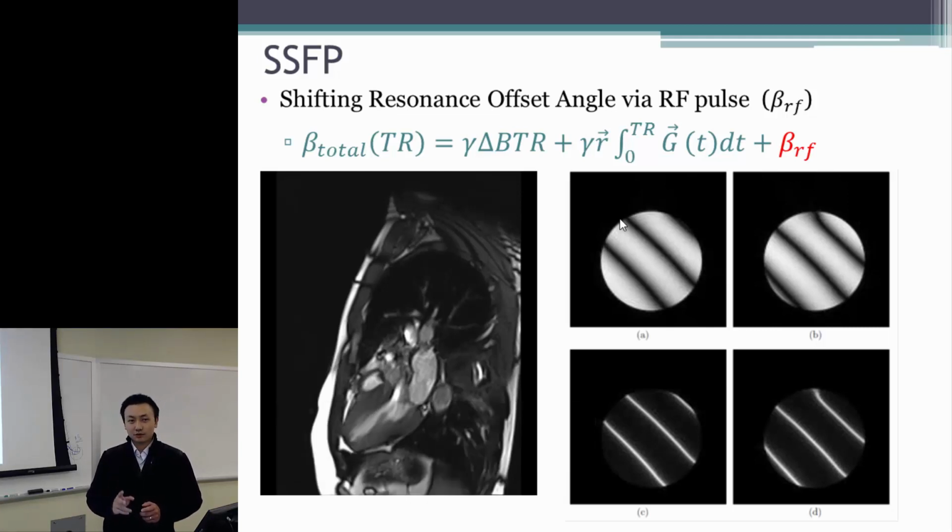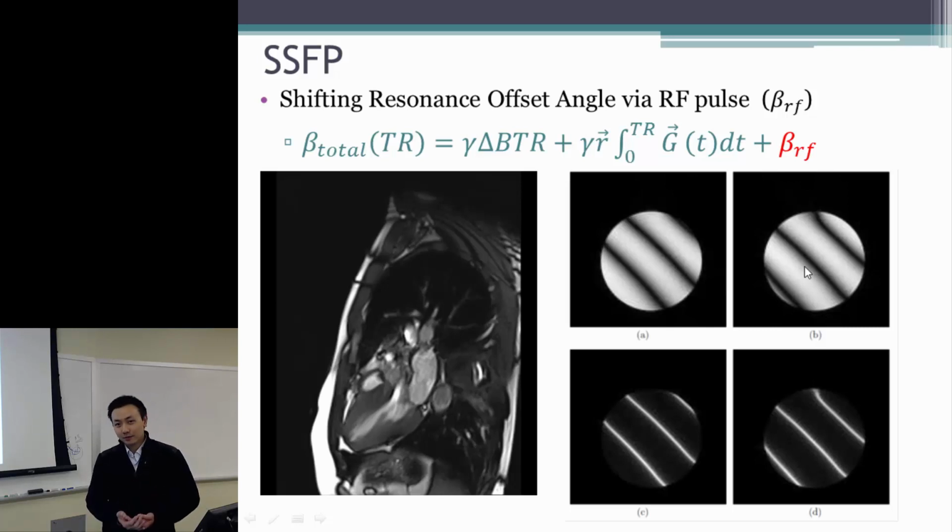One set is with no RF phase alternating. Then we alternate the phase of the RF pulse by 180 degrees and collect another set of images.